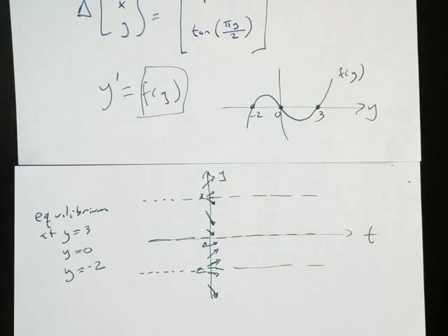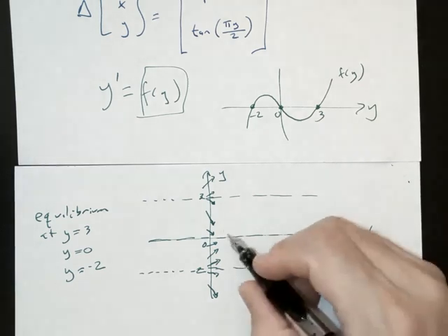Now, this is autonomous. So even though I only drew the arrows in the middle, they should have the same slope no matter how far left or how far right I go on the same height.